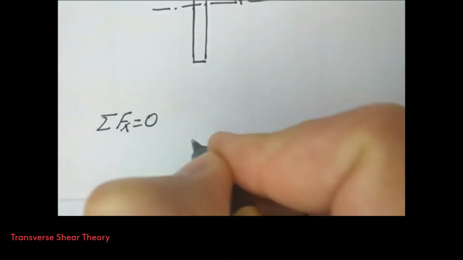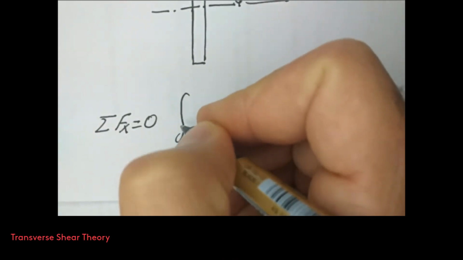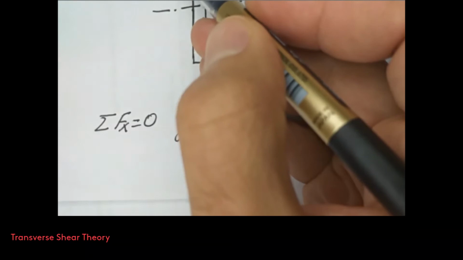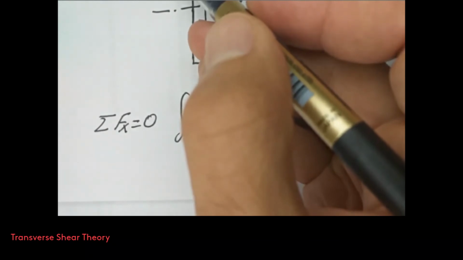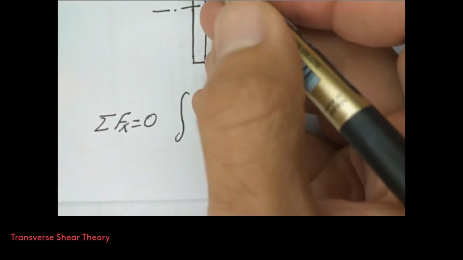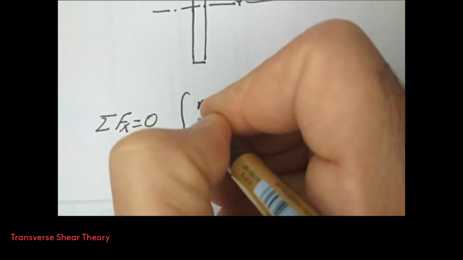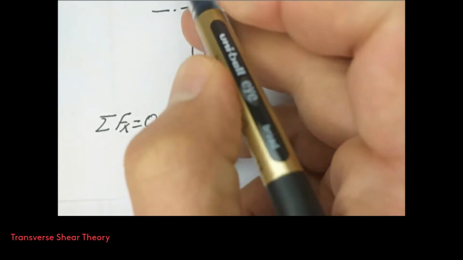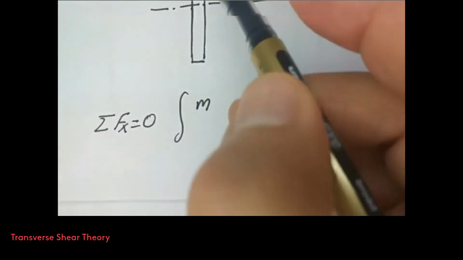Therefore I can write the forces. So first I will write these forces. Here the stress at a particular location, because all of these forces have to be equilibrated. So the sum of the forces has to be equilibrated.